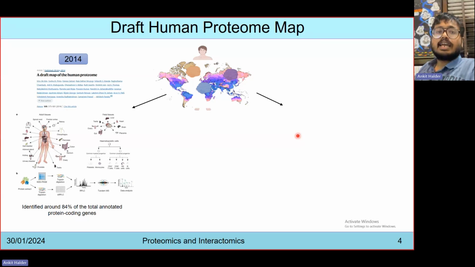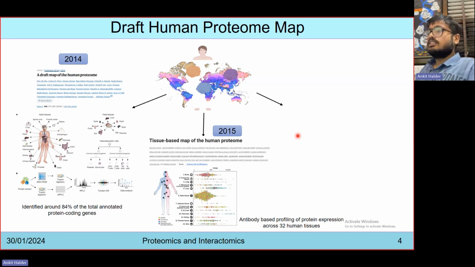The reasons can vary, and you can think of as many possible reasons, but still they could identify around 84% of the total annotated protein coding genes with a wide range of expression across the tissues.